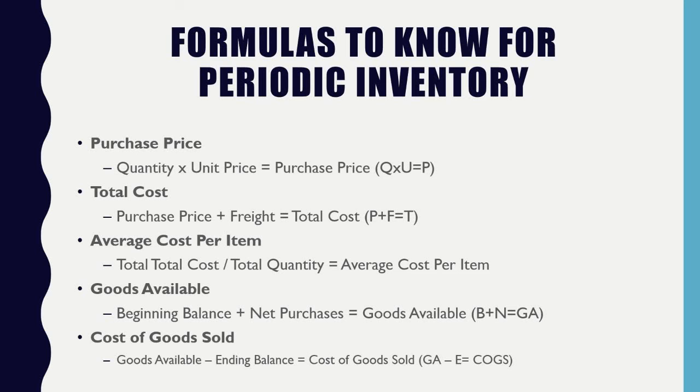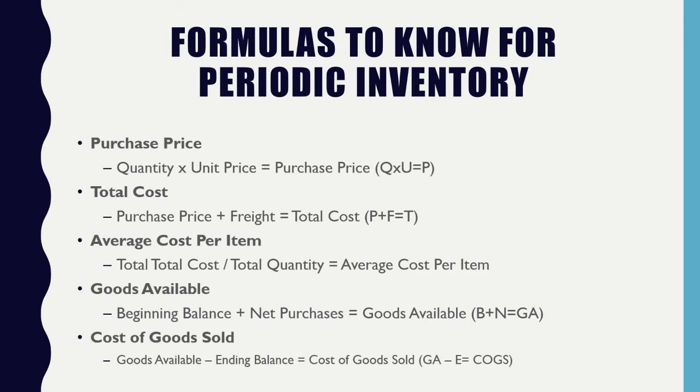Instead of calculating the actual cost per item on an individual account basis, every time we purchase inventory we would always do the cost per item. In this case, you don't have to. Because we don't care about what came first or what came last, we care about your total amounts, so we can calculate the average cost per item.